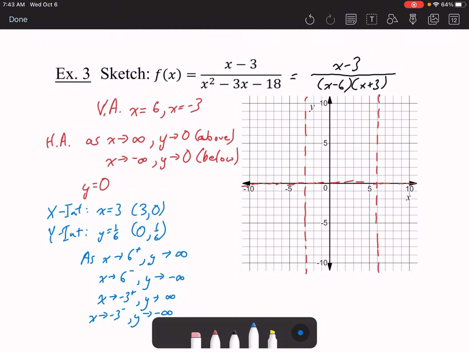Now that we have these pieces of information, we see our end behaviors, and I'm just going to draw the ends of the graphs here for each one.